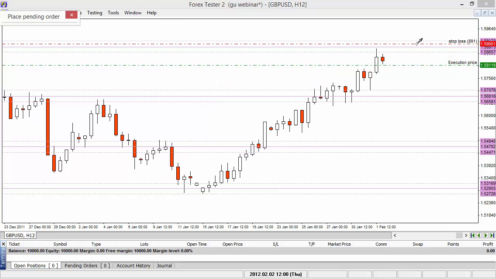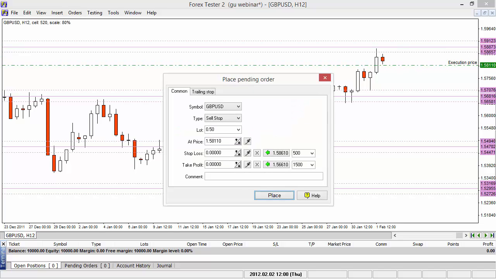Now I'm going to be doing my risk-reward ratio a little bit differently to normal. Sorry, just give me a quick second. I just need to figure out my risk for this trade.